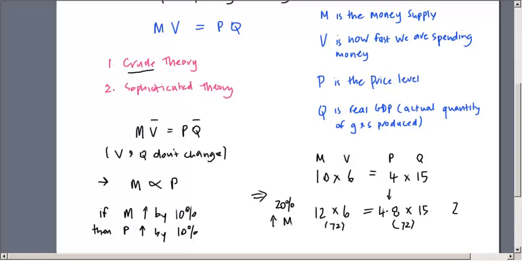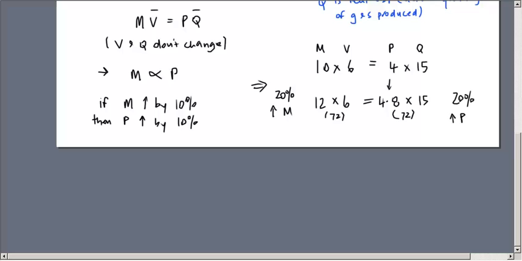So that shift from 4 to 4.8 has been a 20% increase in P. So you can see that the 20% increase in the money supply caused a 20% increase in the price level. So that's the crude theory.